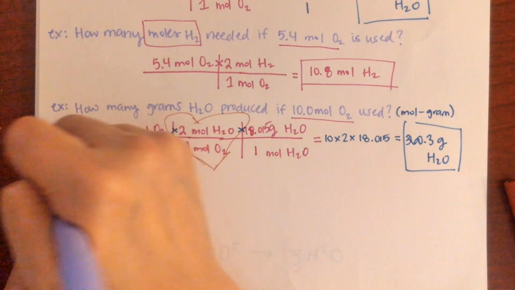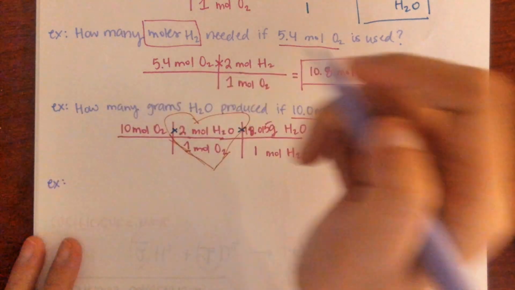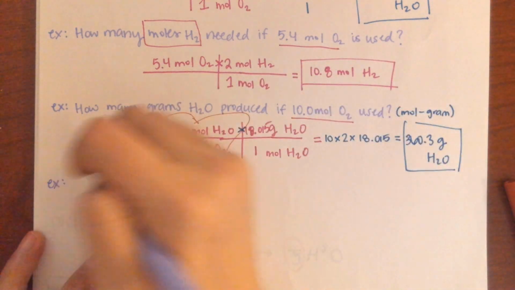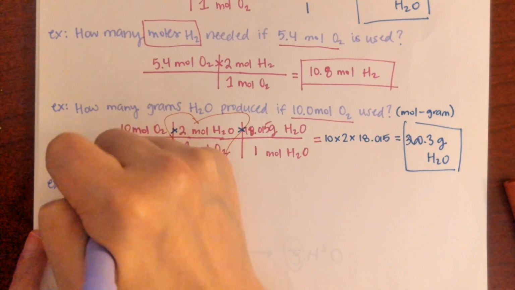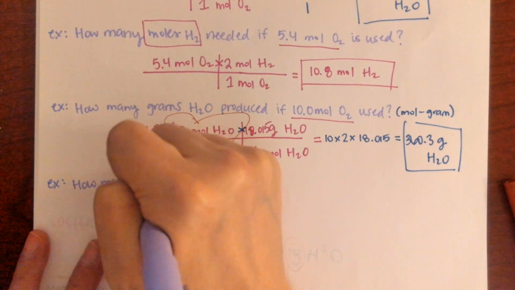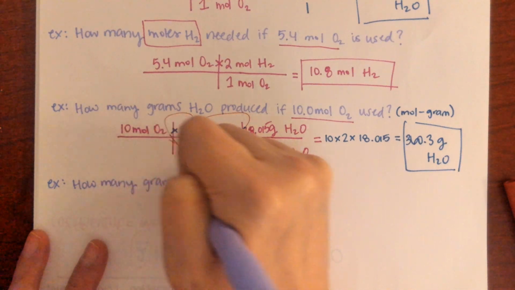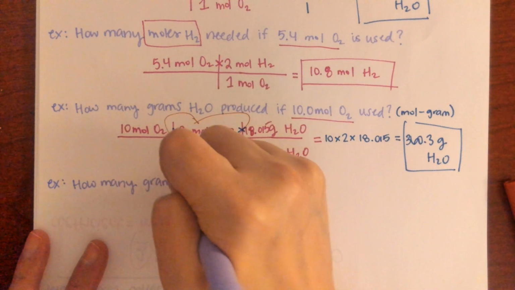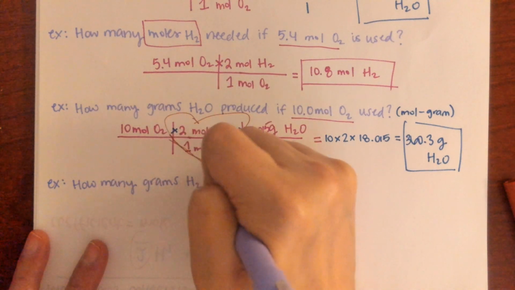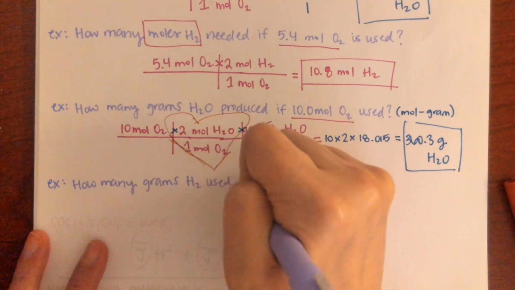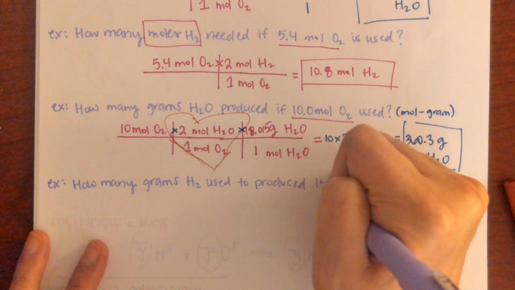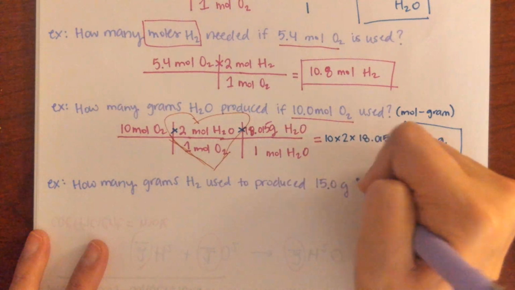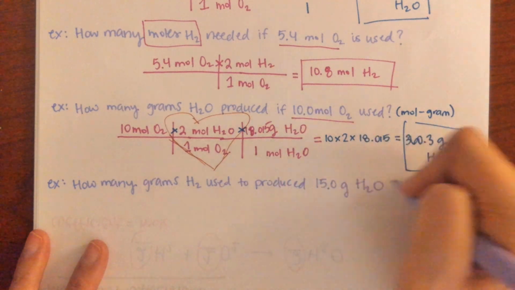Alright, so the last type of mole conversion I want to cover is mass to mass. So let's say I do: how many grams of H2 is used to produce 15 grams of water?